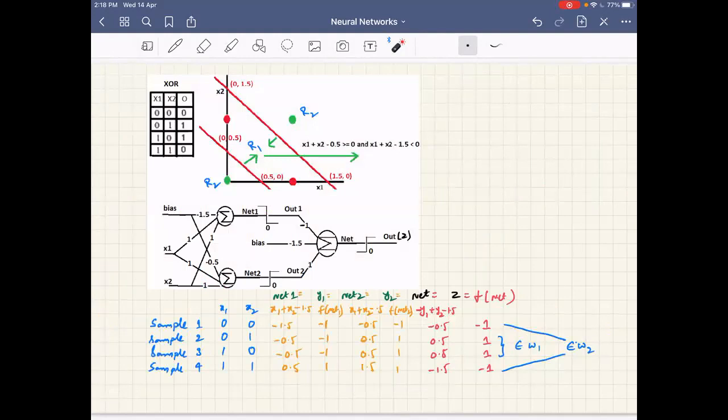Let us see that with another example. See here, if we take now the XOR problem, here let the samples be this is sample 1 and sample 2, sample 3 and sample 4. These are samples, and what we have here are features.